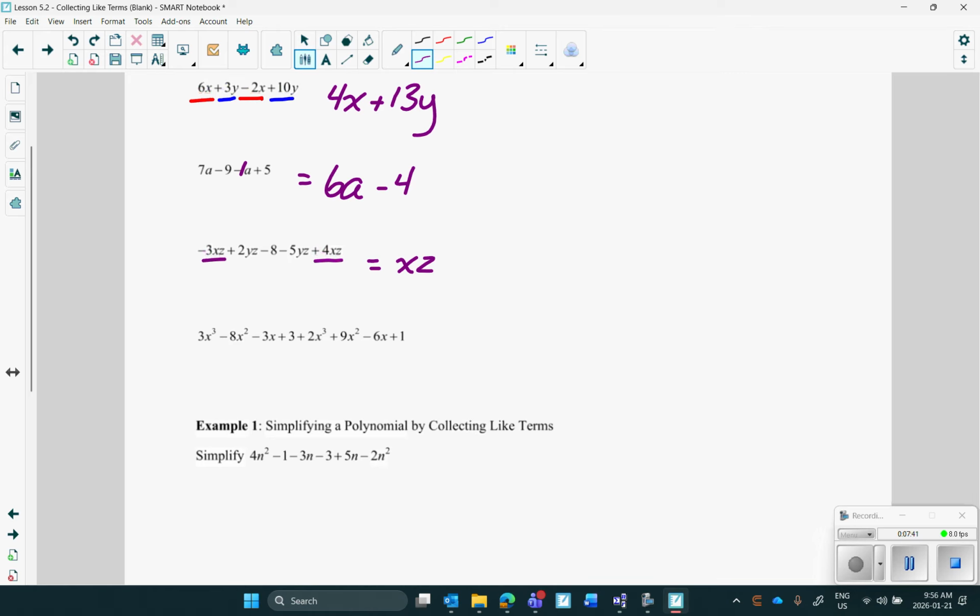I can combine the yz's. Positive or negative? I've got 2 and minus 5. Negative 3yz. And then I've got negative 8, which can't be joined with anything else, but I'm still going to write it as part of my answer. Okay.